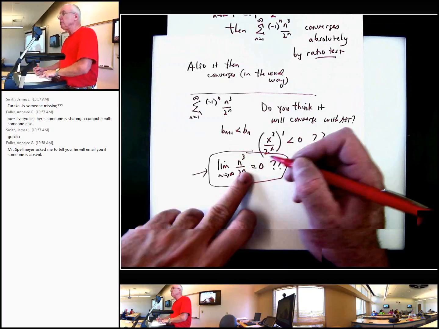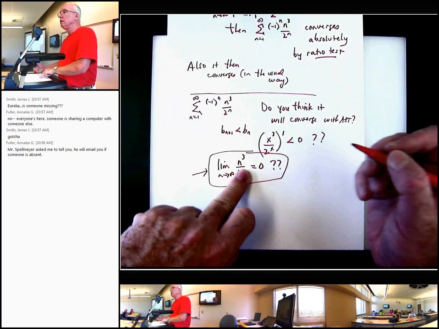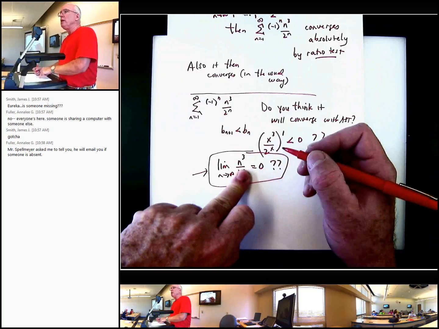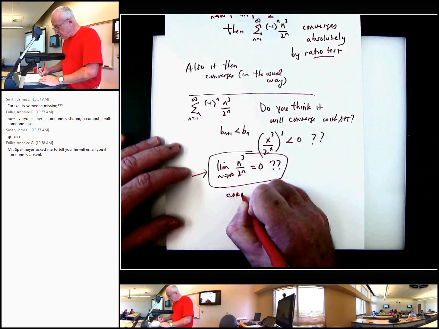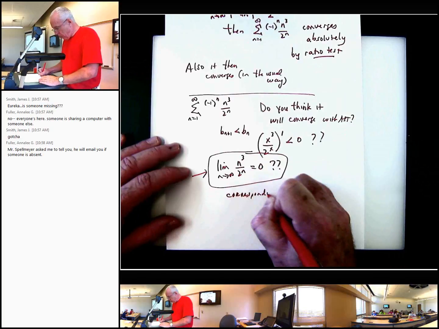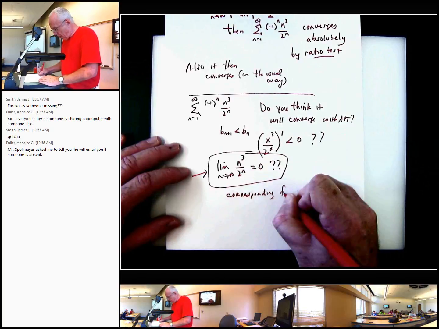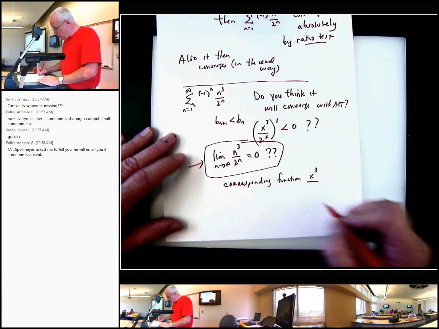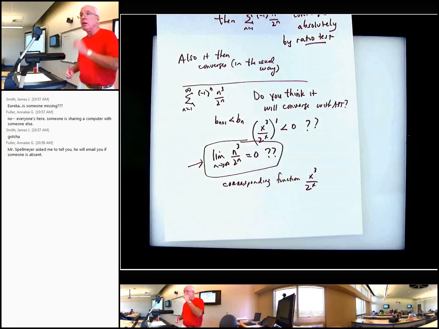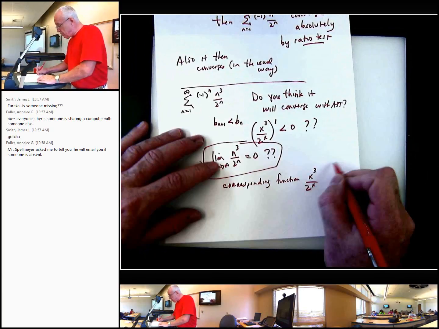Just the top part. Yeah, L'Hopital's rule. If we look at the corresponding function, x to the third over 2 to the x, this is an infinity over infinity case.